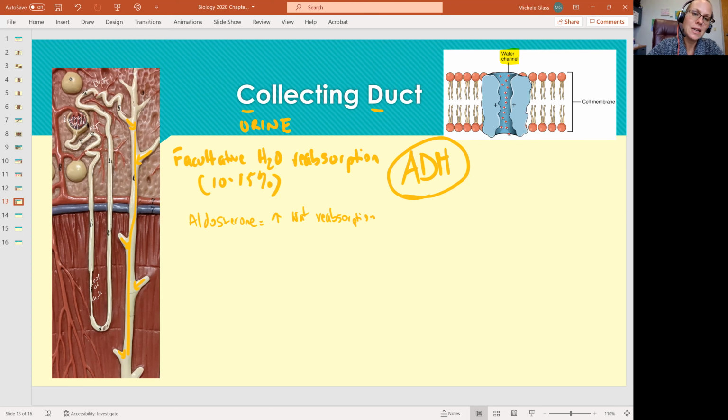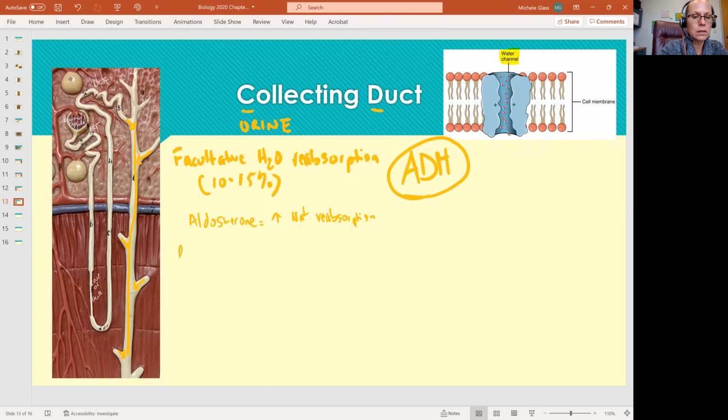And again, the significance, y'all, is where sodium goes, water follows. So if you put more sodium into the interstitial fluid, that's going to more effectively pull water into the fluid. And ultimately that water moves into the bloodstream and you're increasing your blood volume and your blood pressure. So that's an important relationship we've talked about before, and we'll talk about that again.